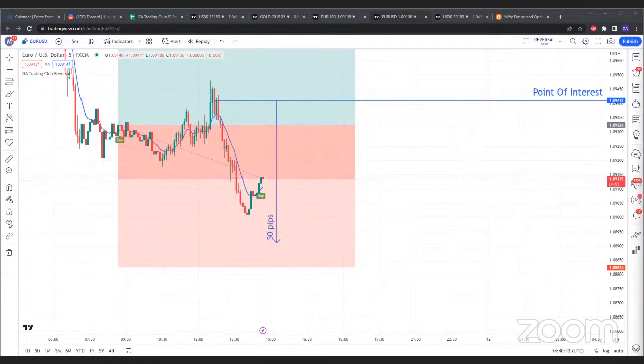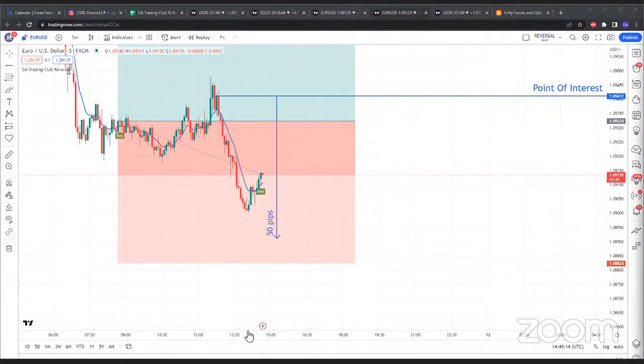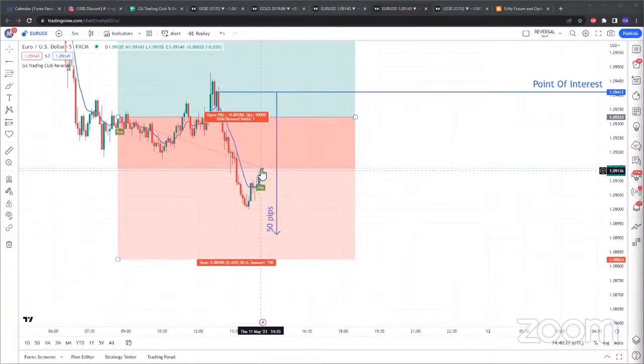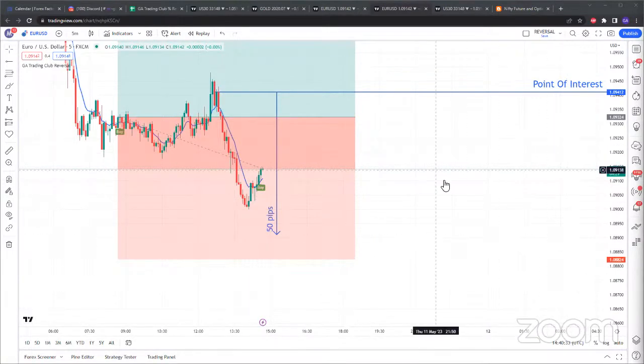Why not getting in now? Because like the first entry I took, the trade went only for 20 pips. So do you mean why not getting into this buy? Yeah, because we are still in a downtrend.